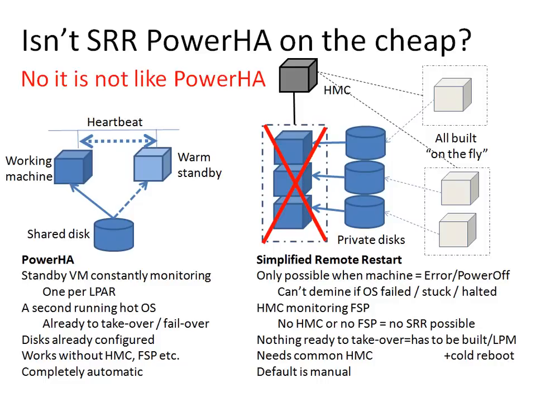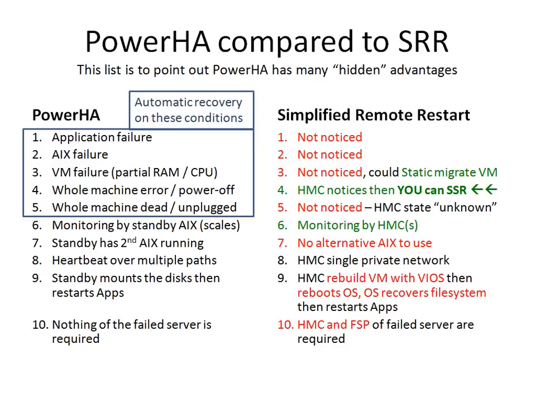So quite different scenarios. I've got a sort of hit list in here of the various points of PowerHA as opposed to remote restart. In PowerHA, these first 5 conditions: application fail, X fail, the virtual machine has failed, or the whole machine is powered off or dead, those will all be acted on by PowerHA by the warm standby.